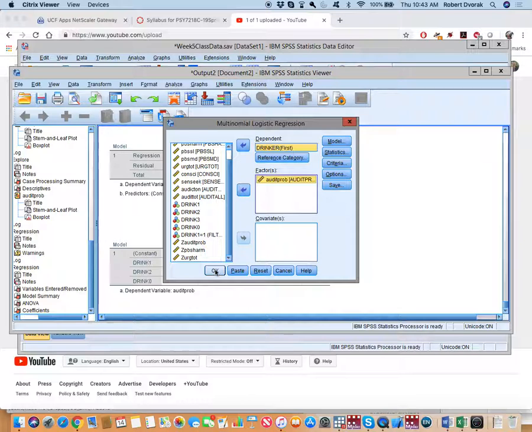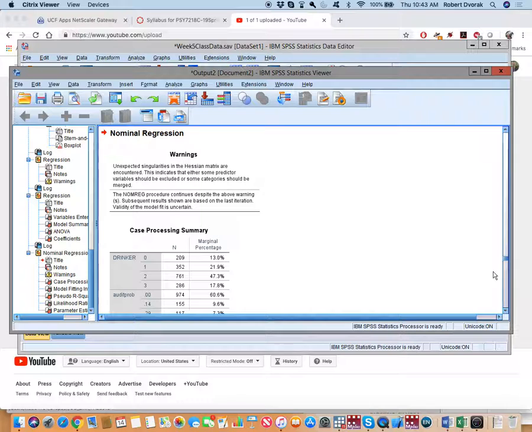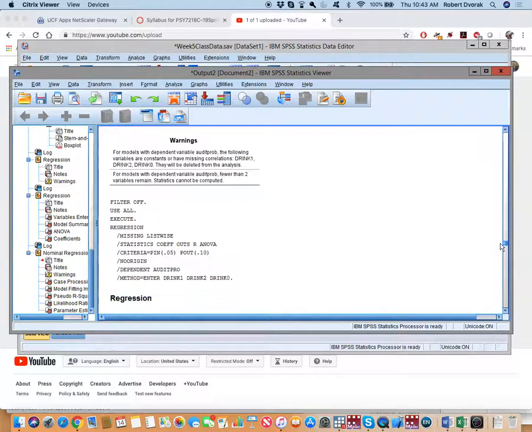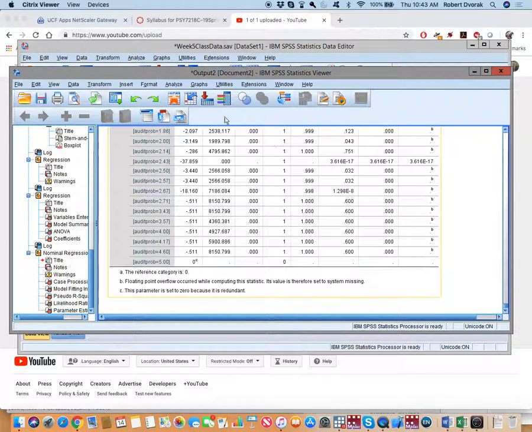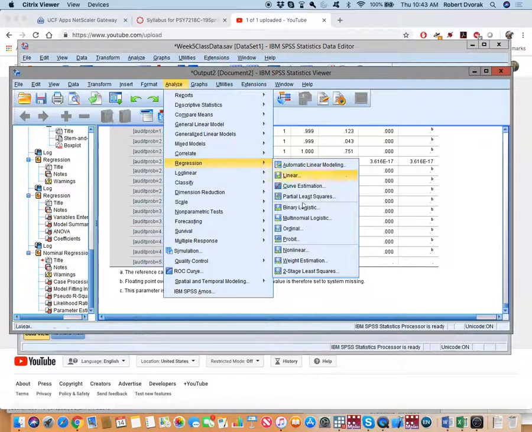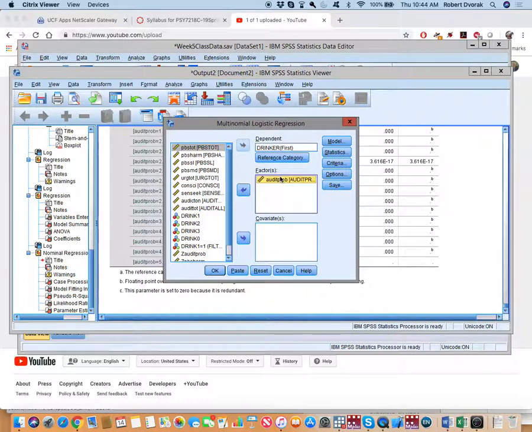I think that's right. I never do this in SPSS, so. Oh yeah, audit prob can't be listed like that, sorry. Analyze, regression, multinomial logistic. Here's where we need it, because it's continuous.